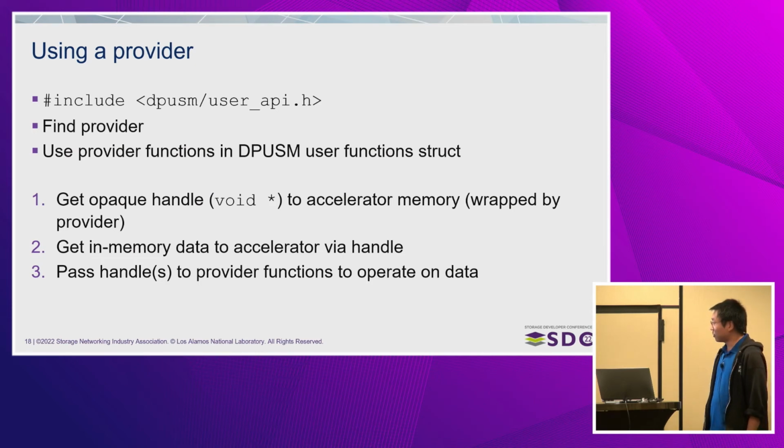So first, a user should get handles to the accelerator memory from the provider, move data from memory to the accelerator, and then finally use that handle, which contains their data, to perform operations such as compression or checksumming.